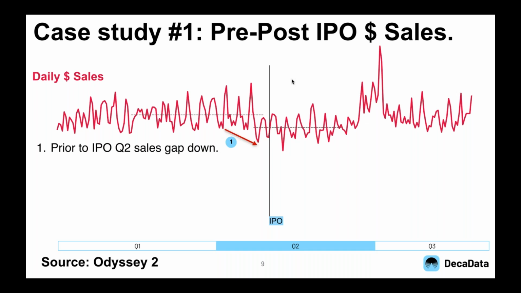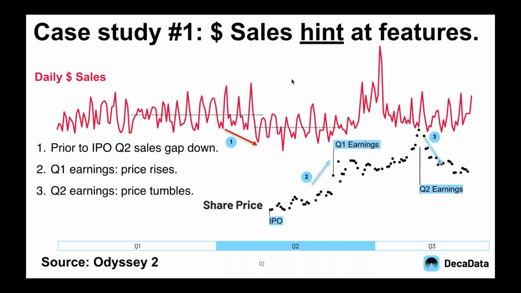And when we overlay share price onto this slide, and obviously sales is just going to be one driver of share price, there was certainly a lot of exuberance around this particular stock when it was launched. As we see from launch, the share price tracks up.